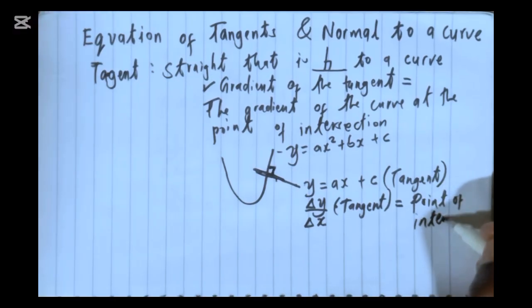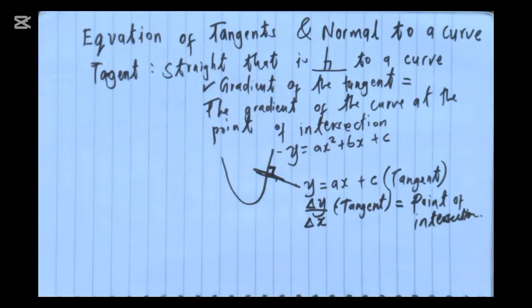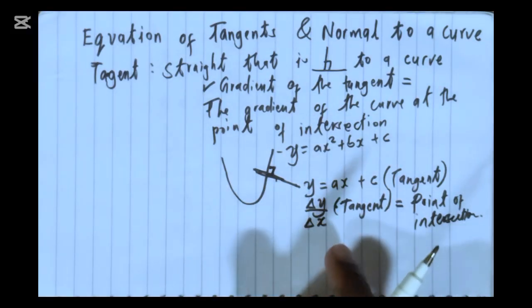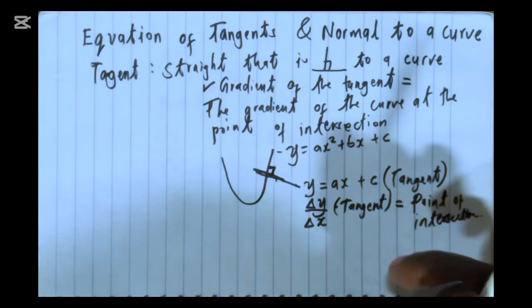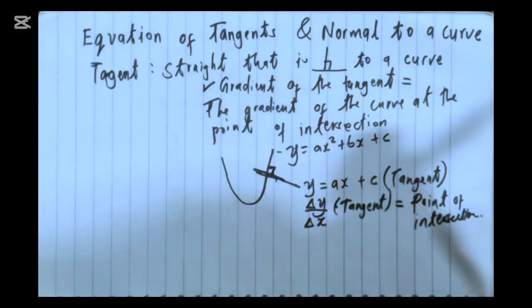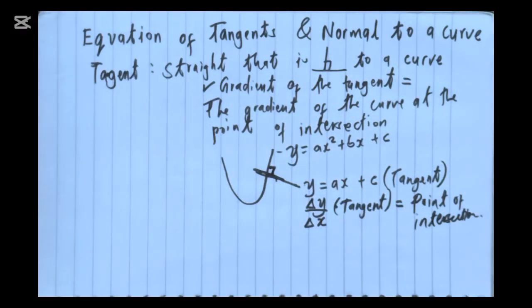So basically, for us to determine the gradient of this tangent, we just have to find the gradient of the curve at the point of intersection.